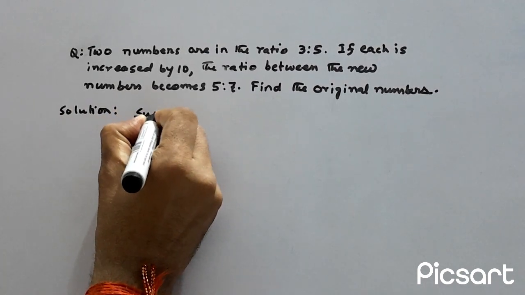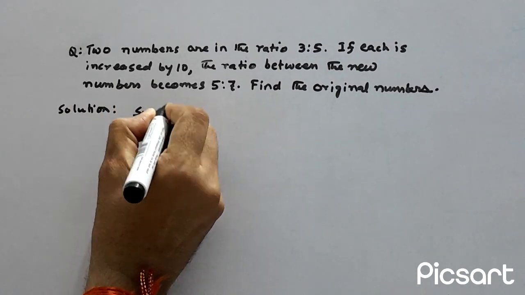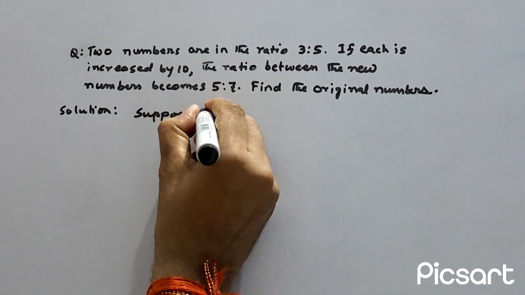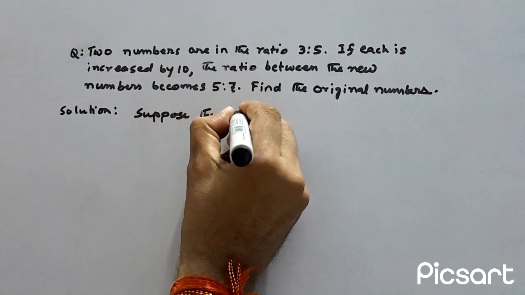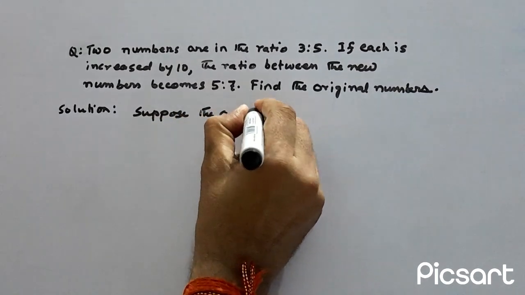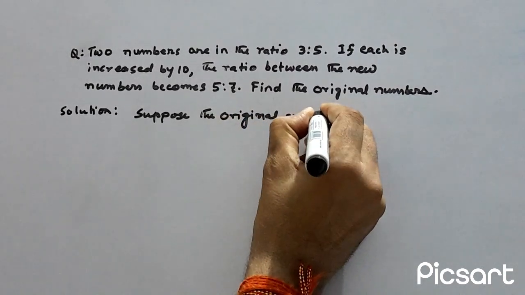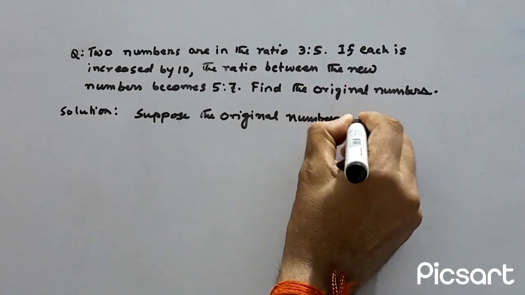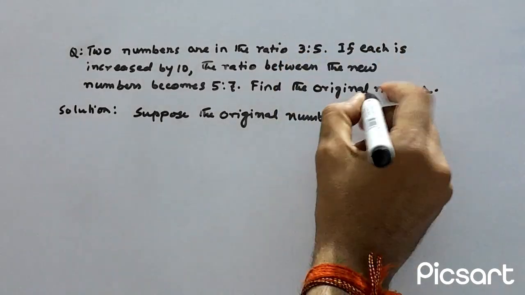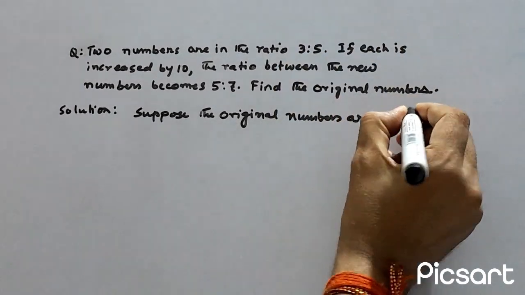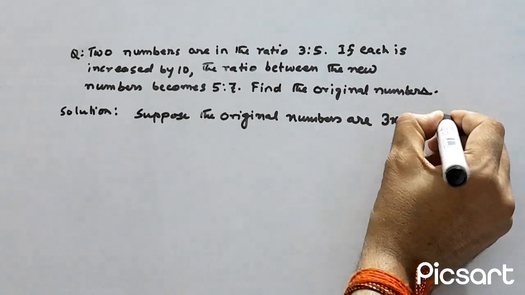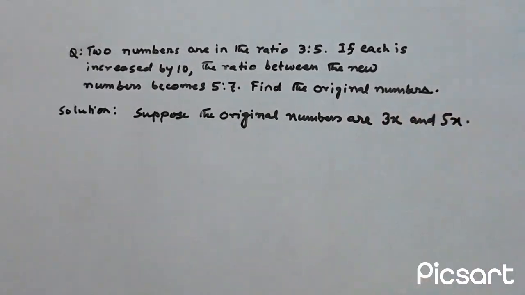সাপোজ the original numbers are 3x and 5x.